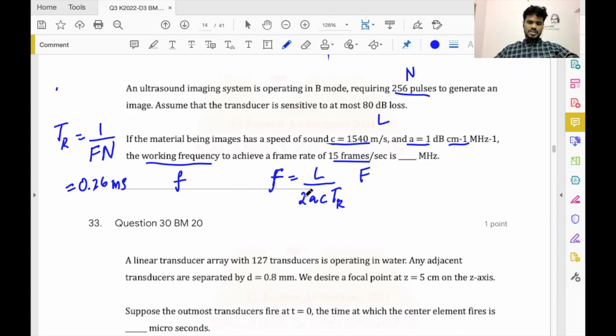And does this 2 remain here or does it disappear? So it's disappeared. Sorry. Yeah, the 2 should disappear by this relation. So quickly, can someone tell me what the final frequency, small f, is?